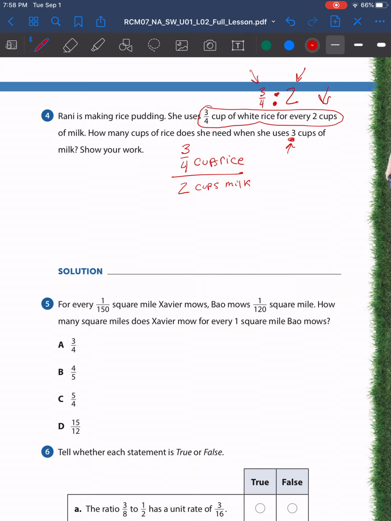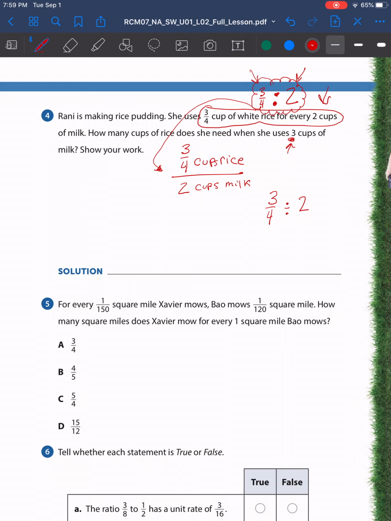When there's a fraction, I want you guys to rewrite the rate like this, to a fraction like this. Now, when we are dividing using fractions, I like to write it horizontally. So this is actually 3/4 divided by 2.